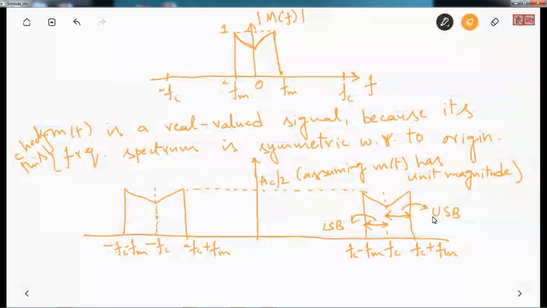And the frequency range in the translated signal occupying fc minus fm to fc is called the lower sideband signal. So we have both upper sideband and lower sideband signals. And remember, there is no carrier signal here in the translated signal.